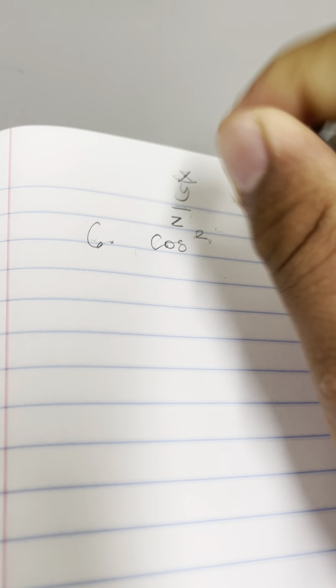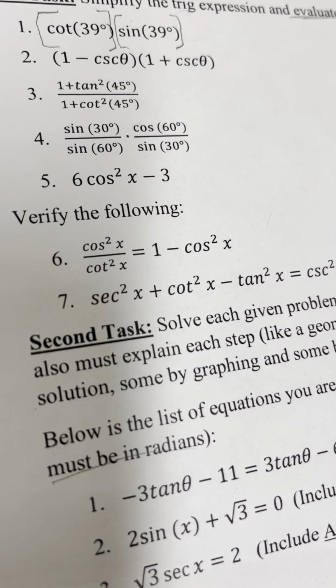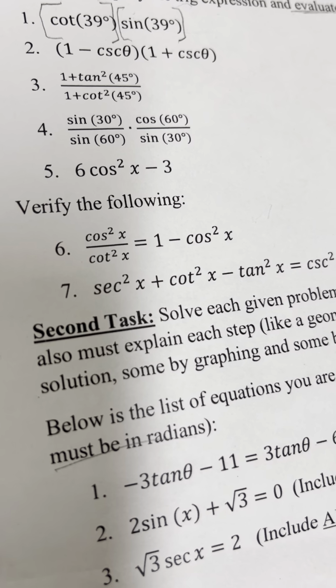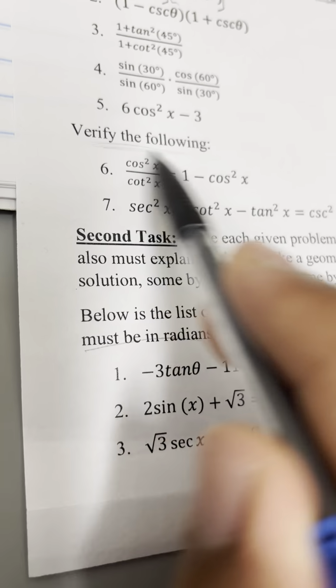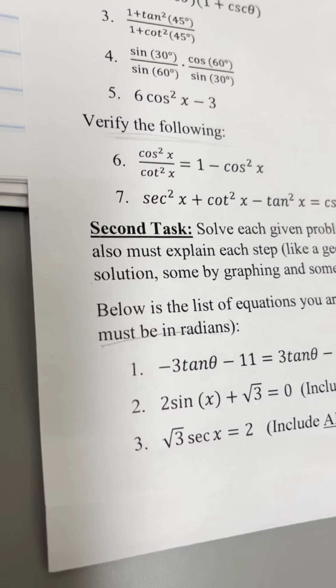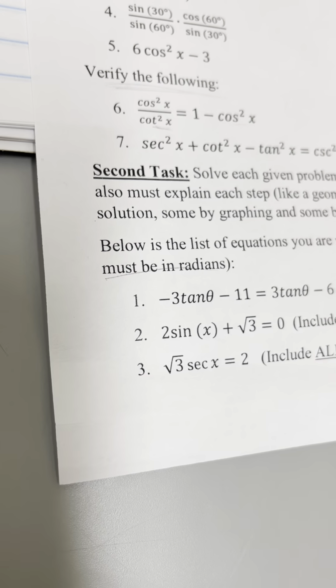So number 6 is cosine square of x divided by cotangent square of x equals 1 minus cosine square of x. Remember, we're told to verify the following, so we're not going to be solving for it. We're just going to be verifying whether this side equals this side.